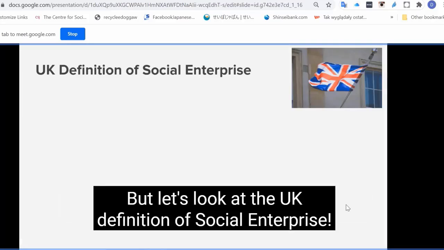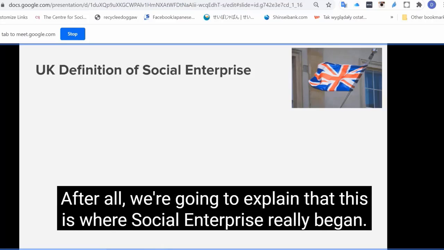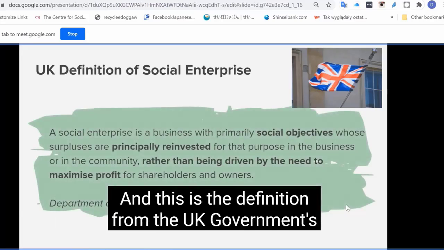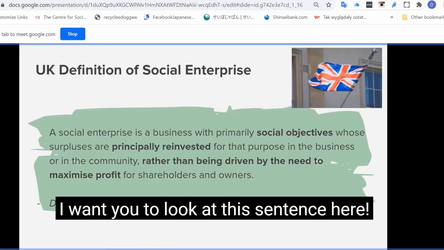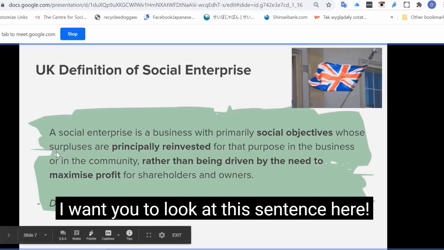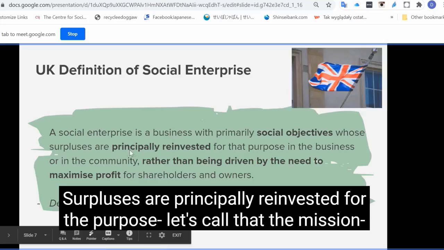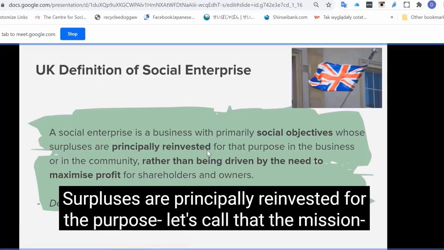But let's look at the UK definition of social enterprise. After all, we're going to explain that this is where social enterprise really began. And this is the definition from the UK government's Department of Trade and Industry. I want you to look at this sentence here. Surpluses are principally reinvested for the purpose.